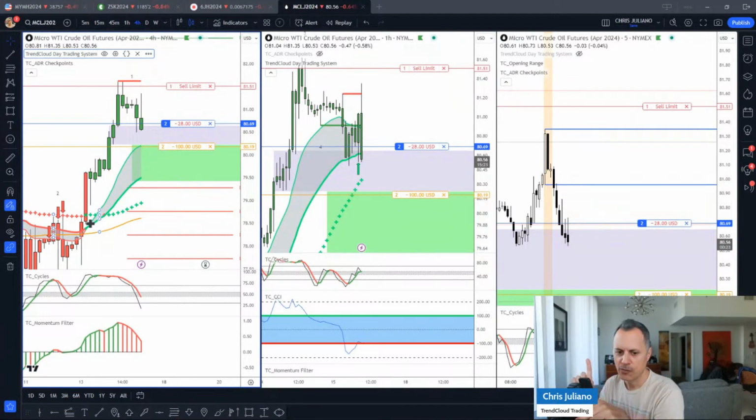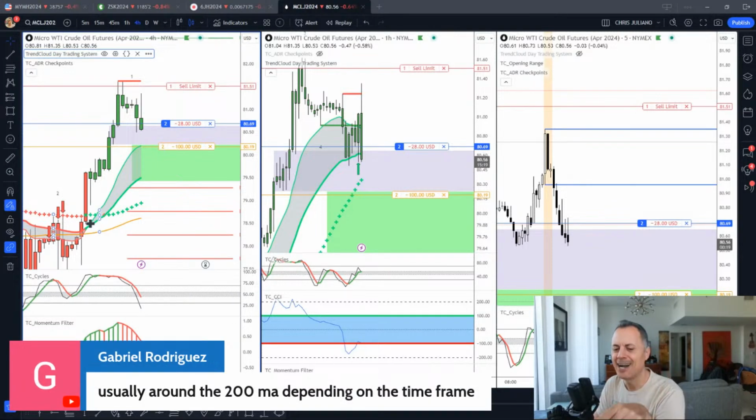Put those on the highest time frame. And so she's saying depending on the time frame, right? So it's like, well, if I put the 200 on the 5-minute chart, it looks different than when it's on the 1-hour chart, right? So which chart do you use?